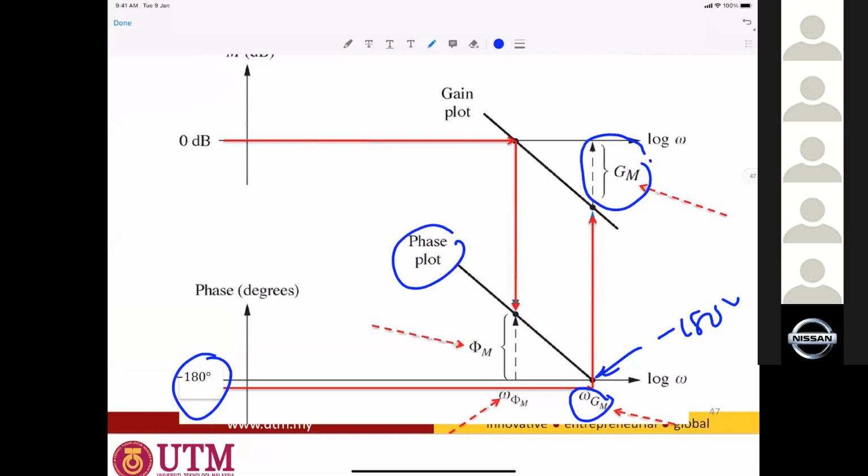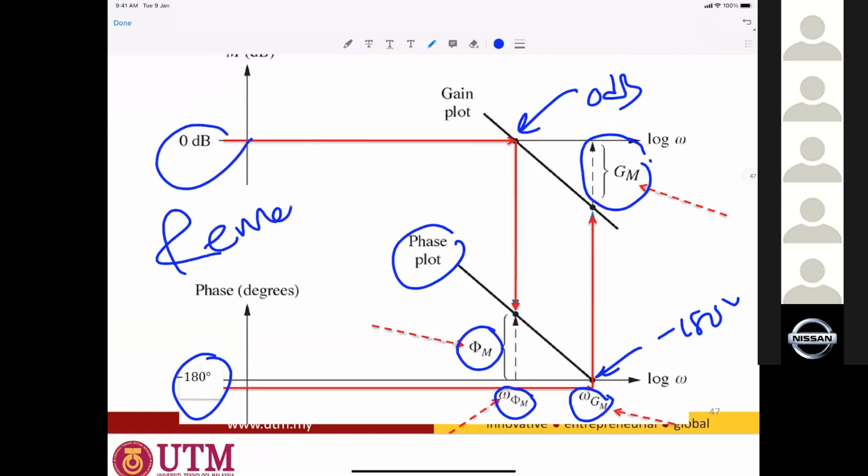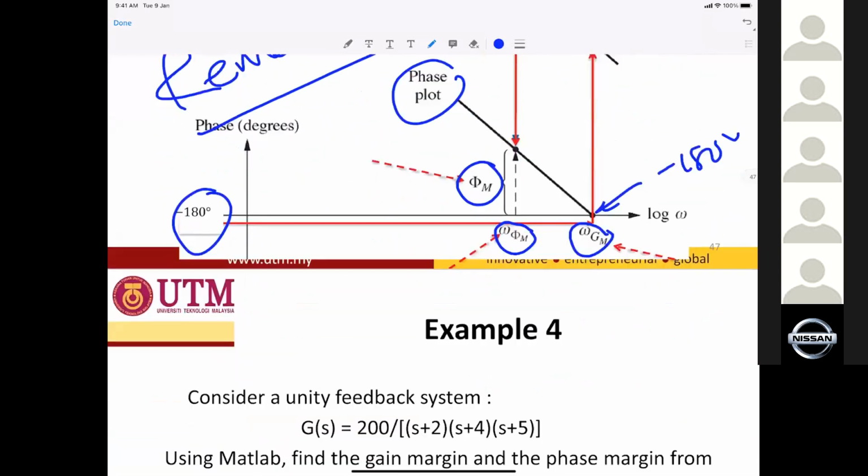But when the gain crosses 0 decibel here, it will give you omega PM, which gives you the phase margin at that particular point. Can you remember this? Very important, omega PM and GM.